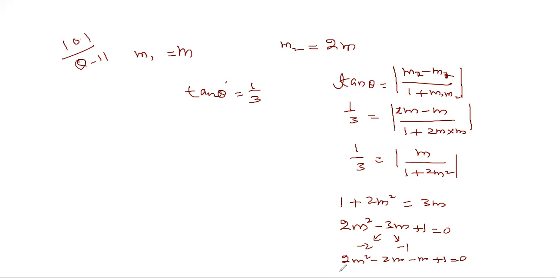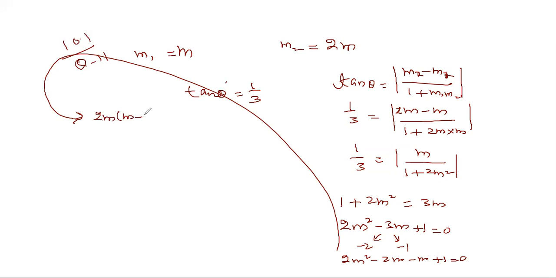Common is 2m, m minus 1 is left, and now take out common -1, so m minus 1 is equal to 0. So you get the factors m minus 1 or 2m minus 1 is equal to 0.